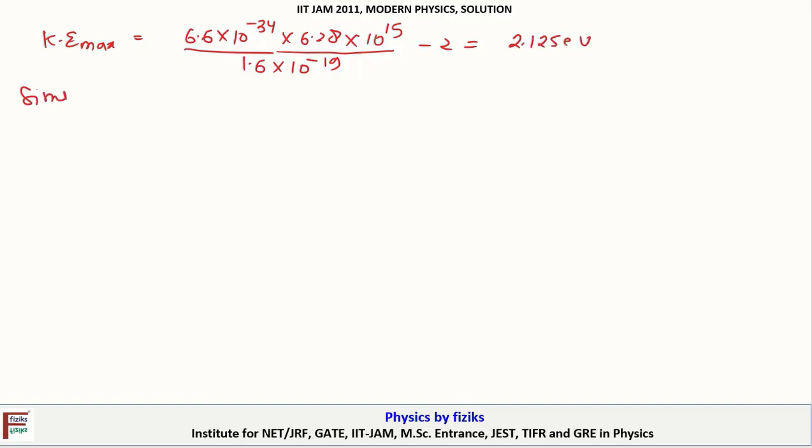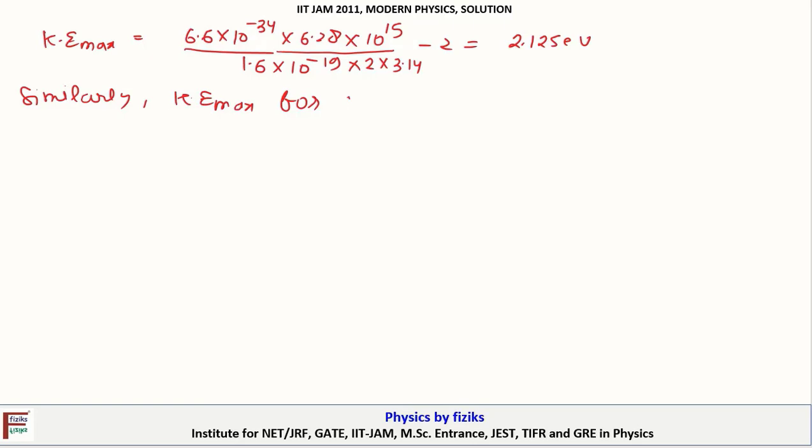Similarly, kinetic energy maximum for omega... divided by that was omega naught. So we have to divide it here by 2 × 3.14. I missed it out, so that was the correct one.